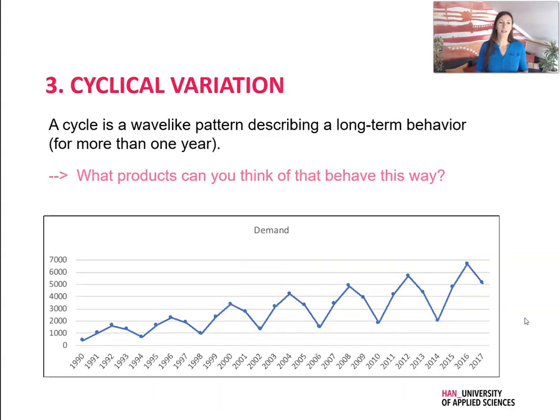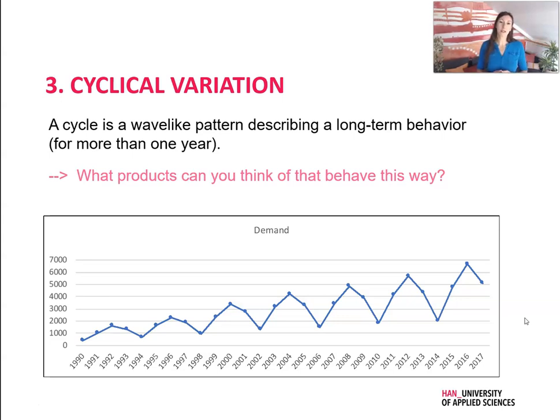The next one is cyclical variation. Now, a cycle is a wave-like pattern describing a long-term behavior, for example, for more than 1 year. You can tell that it is relatively similar to a seasonal variation. The main difference is that it is a cycle that does not follow a yearly pattern, so it has a different kind of time frame.